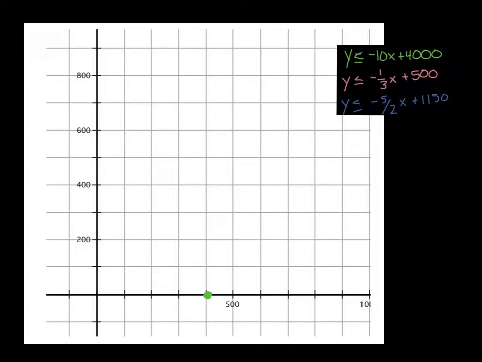And your slope's still going to be down 10, right 1, or up 10, left 1, if you can't go down any further. So 1, 2, 3, 4, 5, 6, 7, 8, 9, 10, and it's going to be way up here. And that'll be your first inequality.